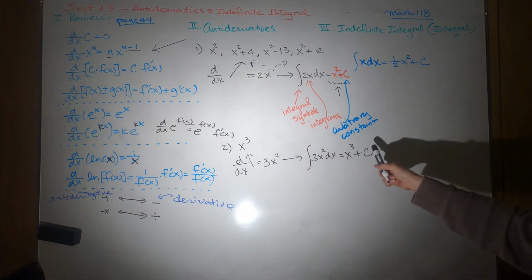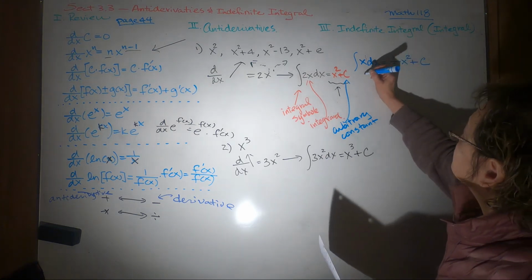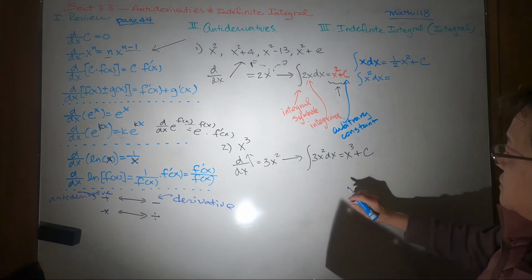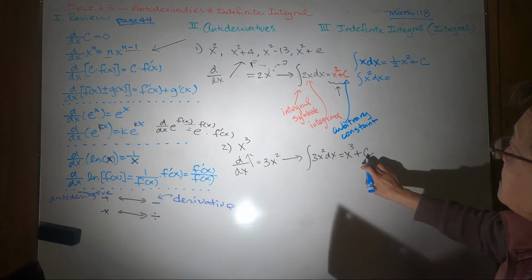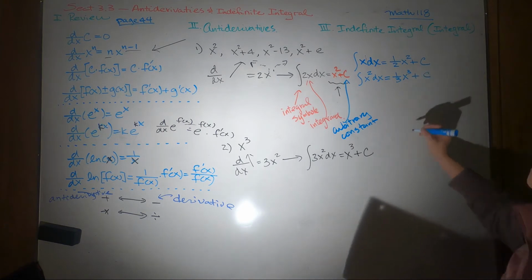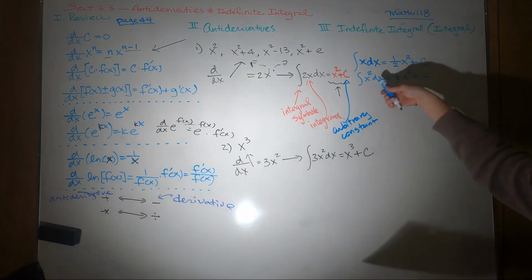So it's an invisible constant there when you take a derivative. Okay? So what we have here is, if we have x squared dx, we should have what? 1/3 of x cubed plus c, right? So you take a derivative of this, it will be 3x squared times 1/3. That would be what? x squared.